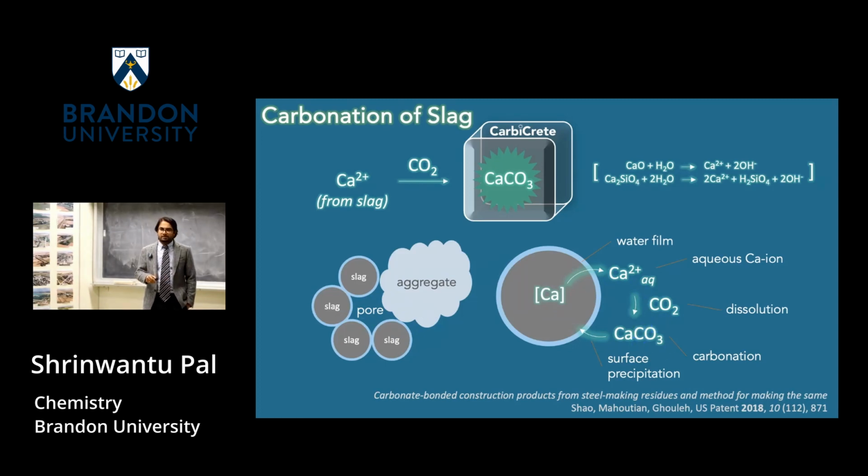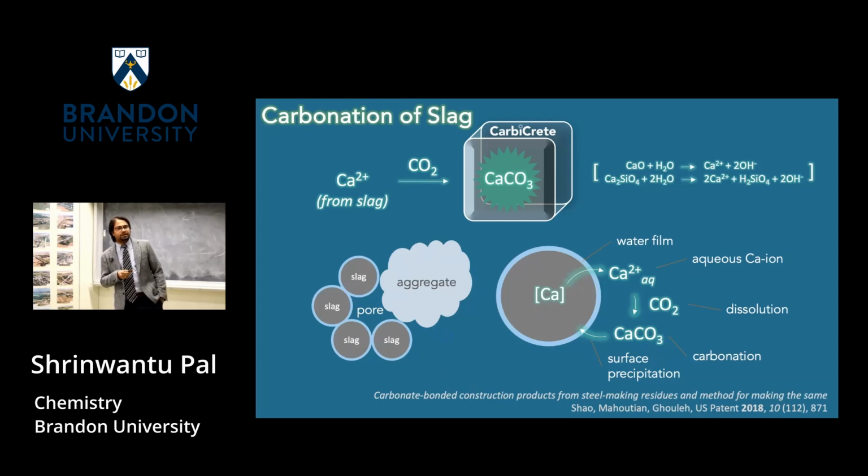We all know that calcium carbonate is not soluble in water. So as the calcium carbonate is forming, it actually precipitates on the surface and networks all these small slag particles together and encompasses the aggregate sometimes and forms a big network of 3D structures that leads to fortification.